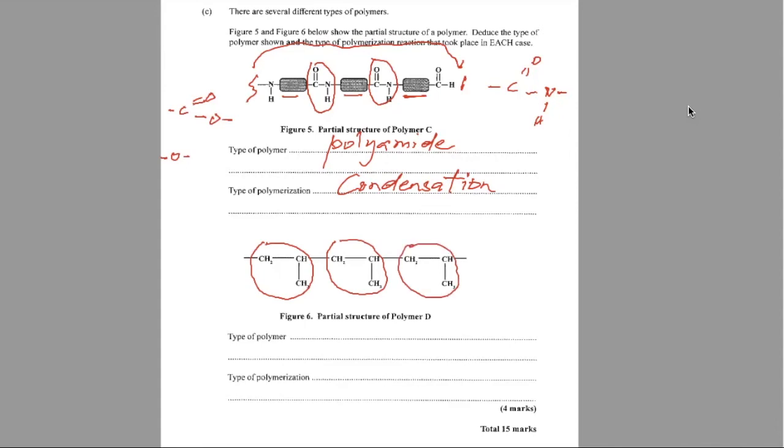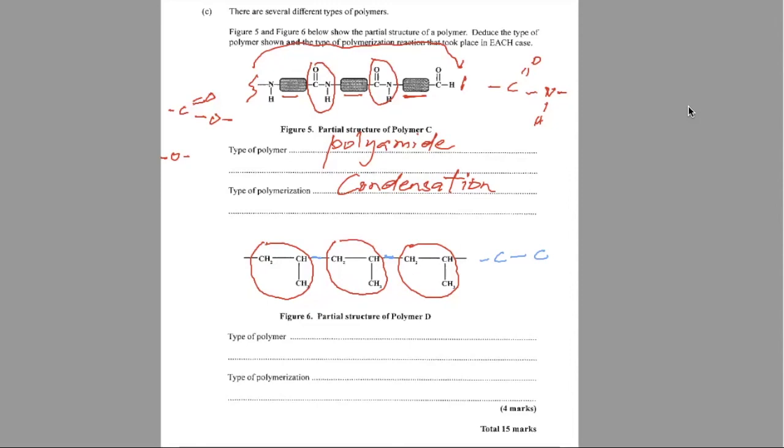And then what's joining the repeating pattern, which is highlighted in blue, is a carbon-carbon single bond. So it's telling us here that we have addition polymerization taking place.